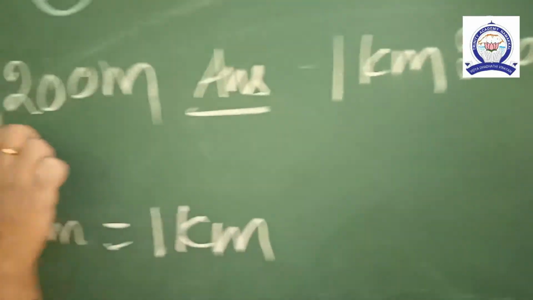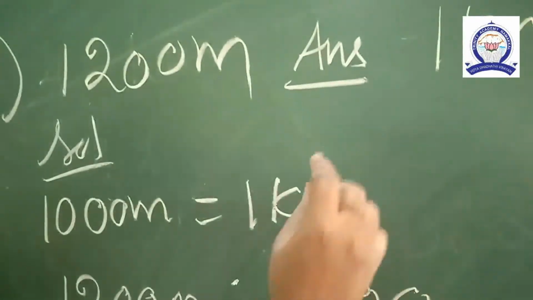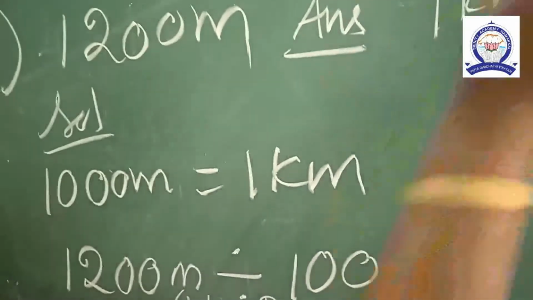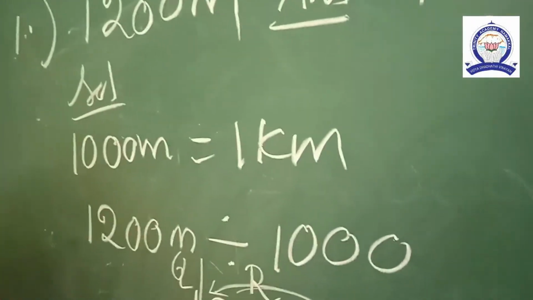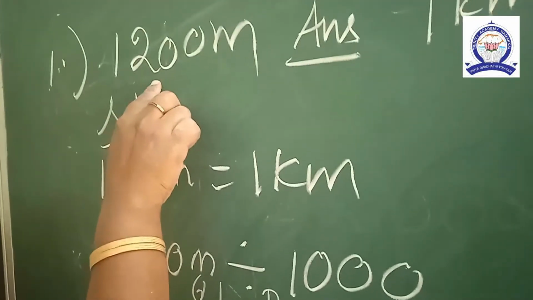So நம்ம என்ன பண்ணிட்டோம், 1200 மீட்டரை கிலோமீட்டராகவும் மீட்டராகவும் கன்வெர்ட் பண்ணிட்டோம். எப்படி, 1 கிலோமீட்டர் 200 மீட்டரா கன்வெர்ட் பண்ணிட்டோம். அதுக்கு என்ன பண்ணோம், we are dividing the given question by 1000.